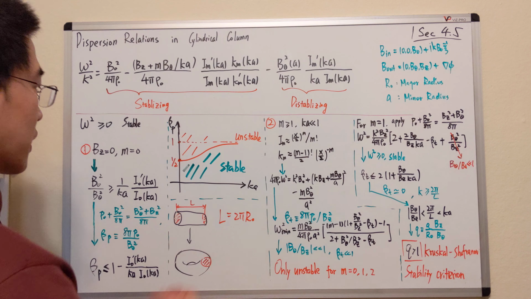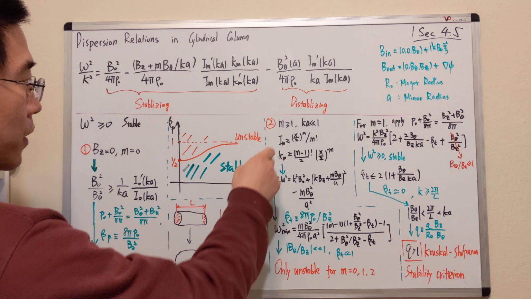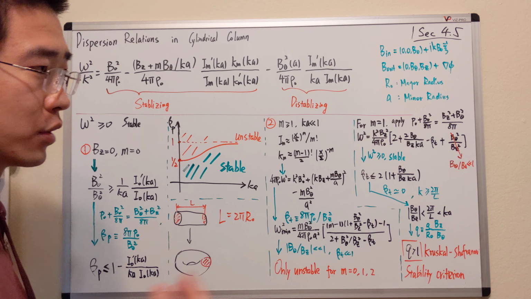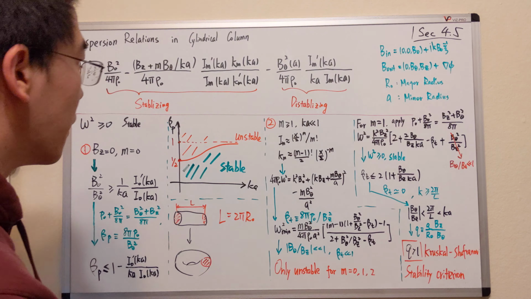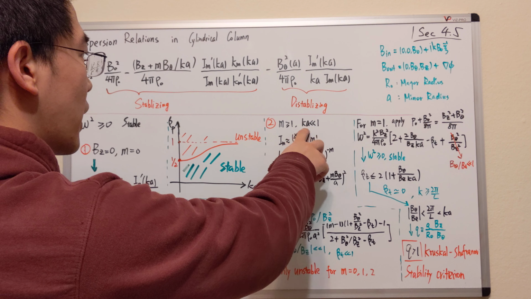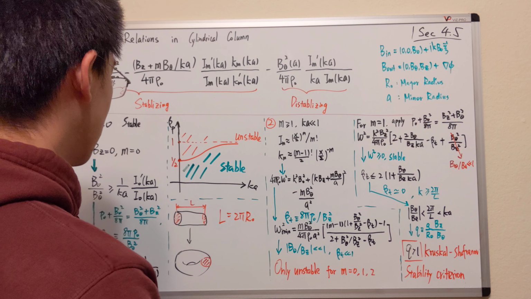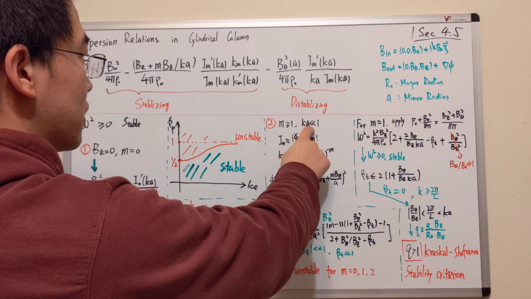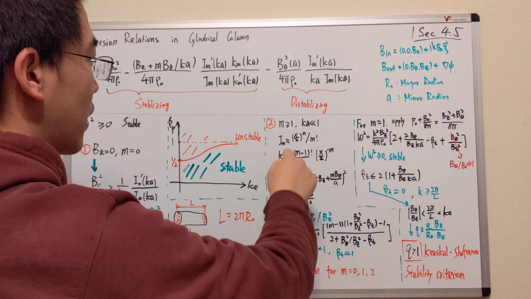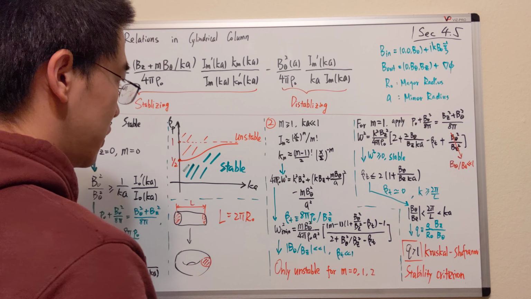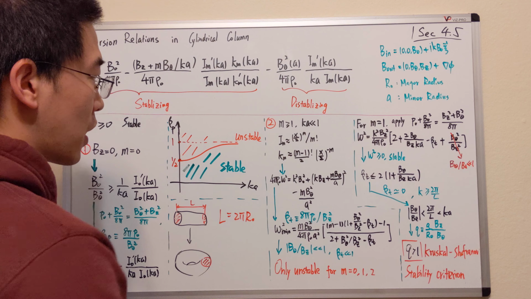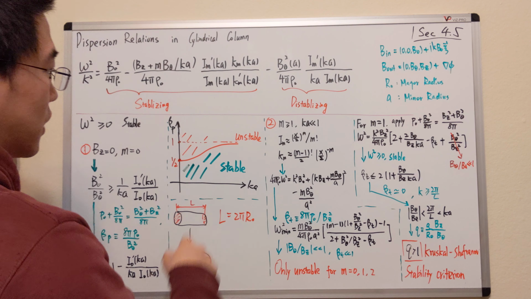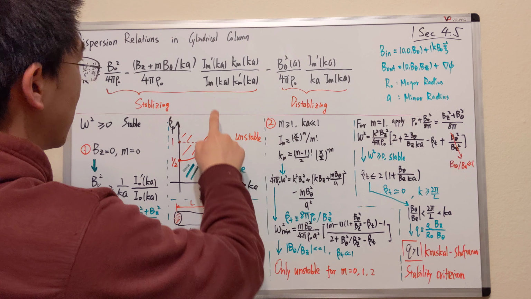The second scenario we are studying is m greater than 0, so m equals 1, 2, 3, 4, 5, and ka much less than 1. For ka much less than 1, the Im and Km can have such approximations, which can be applied to the dispersion relation, and we arrive at this expression.